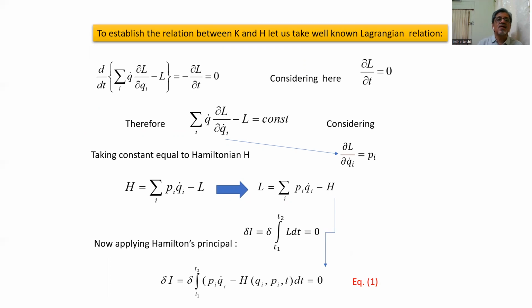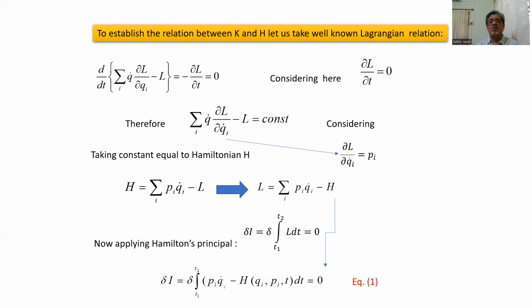To establish the relationship between K and H, let us take the well-known Lagrangian relation, that is, d by dt of the bracket, summation i q dot i del L by del q dot i minus L, bracket closed, is equal to minus del L by del t.